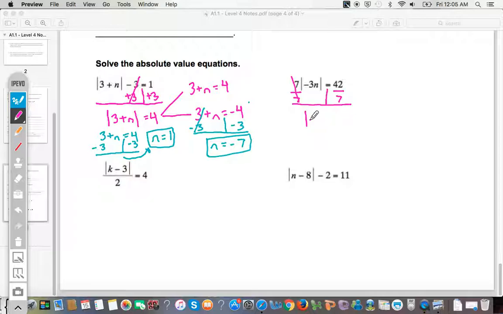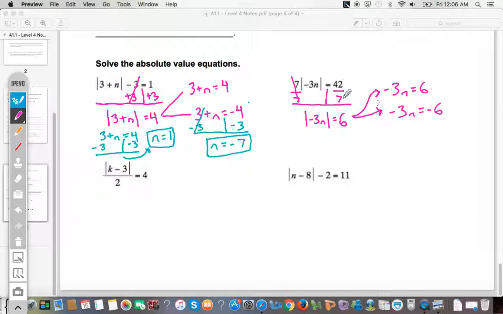So I'm left with the absolute value of negative 3n equals 42 divided by 7, which is 6. So create my two new equations. So I have negative 3n equals 6. So I just got rid of the bars. But I also need to set it equal to negative 6.